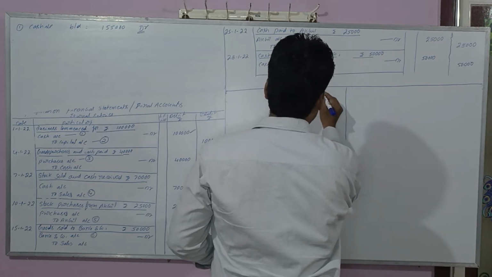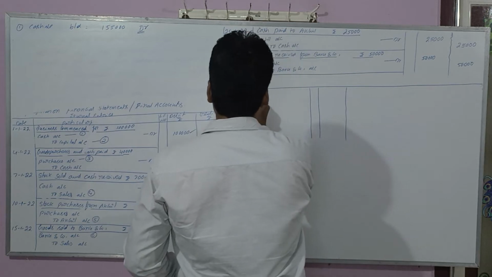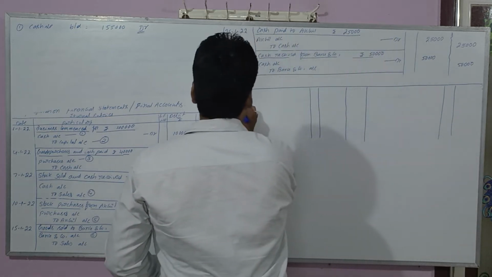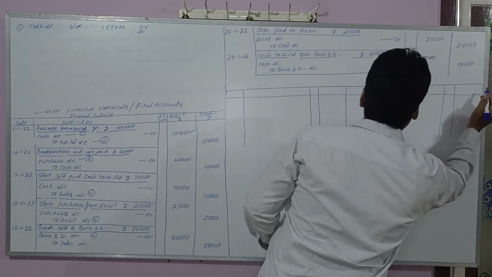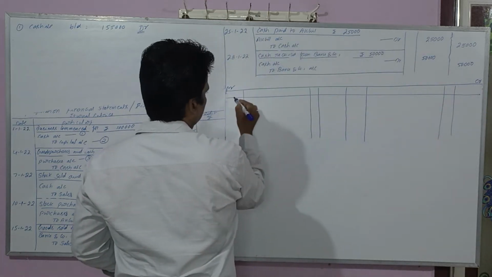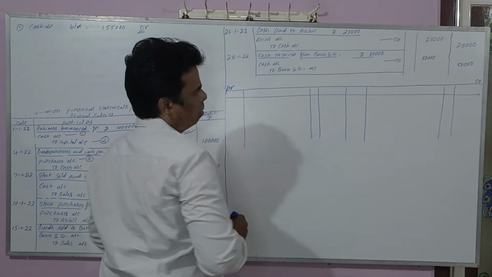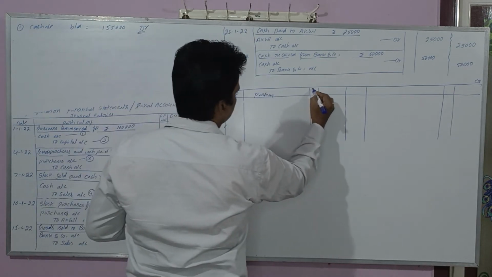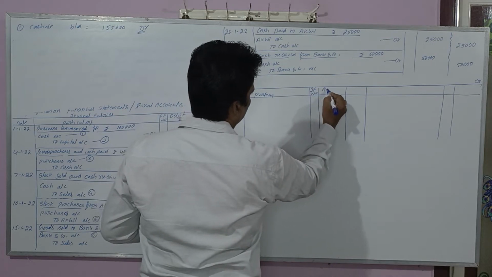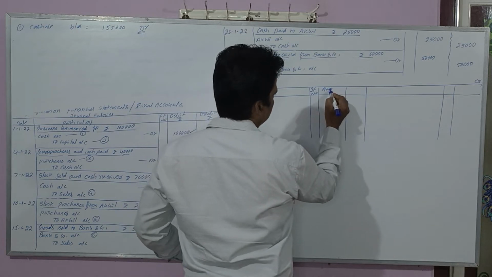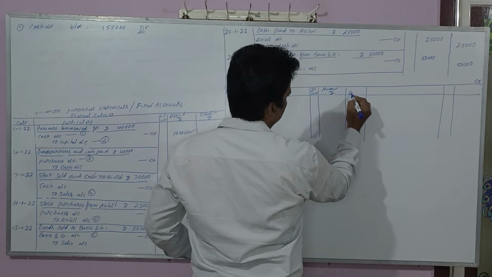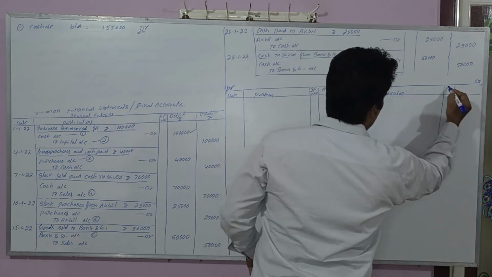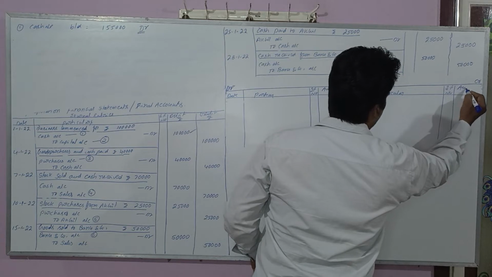Headings as usual. Dr and Cr are compulsory. On the debit side: date, particulars, JF number, amount in rupees. On the second, credit side: date, particulars, JF number, amount in rupees, like that.